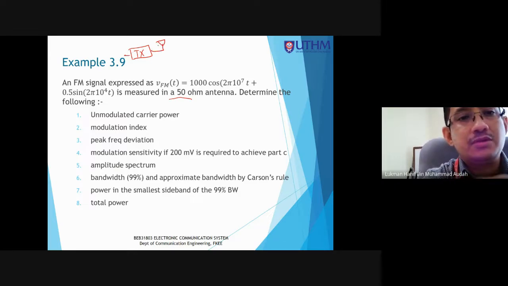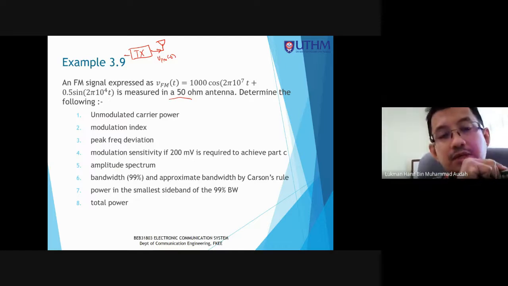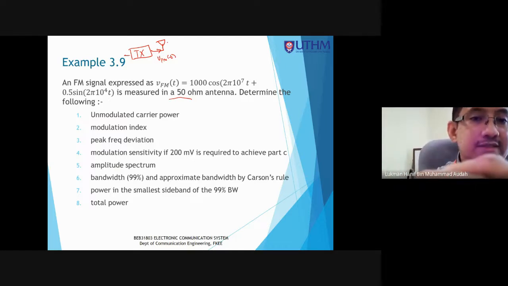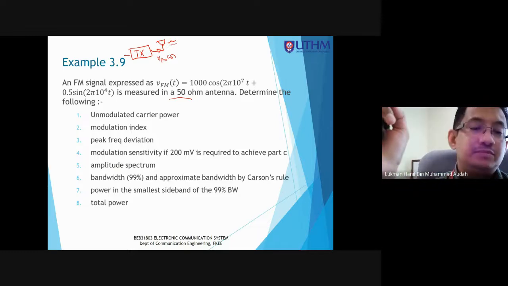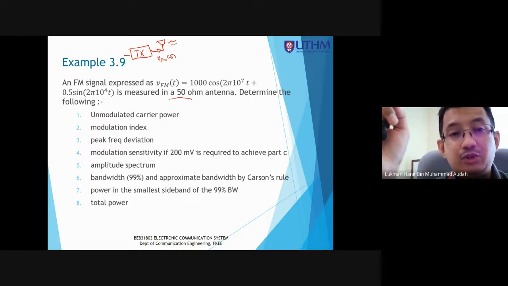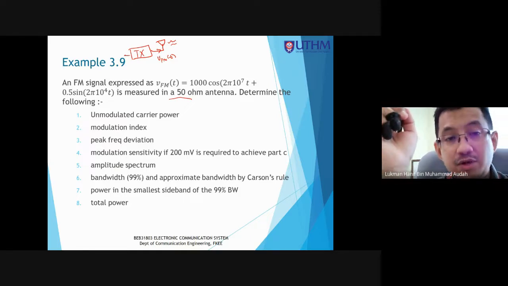So this VFM(t) is supplied to the antenna, and this antenna will radiate the signal as an electromagnetic wave.